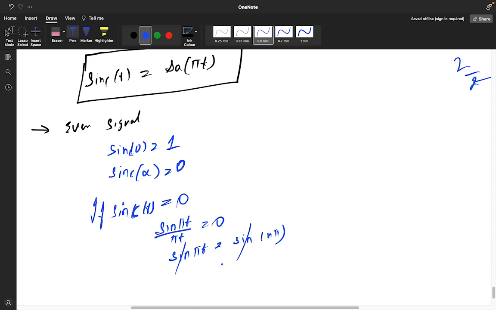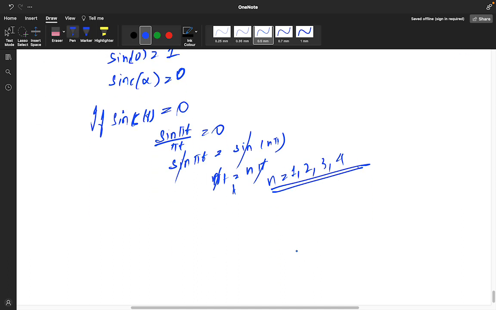So pi t is equal to n pi, and pi will cancel out. At n equals 1, 2, 3, 4, you will get 0.